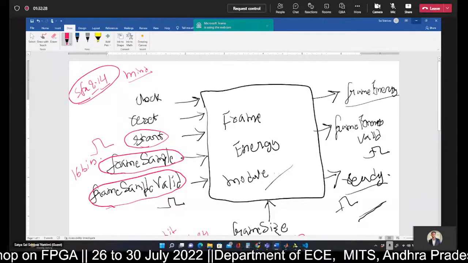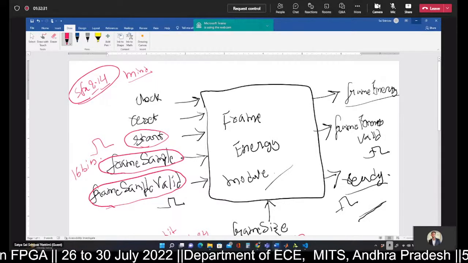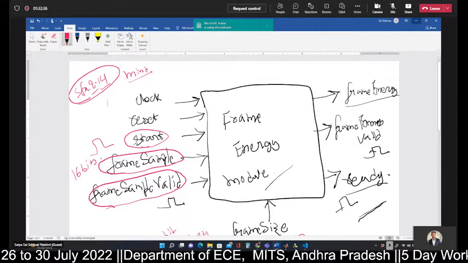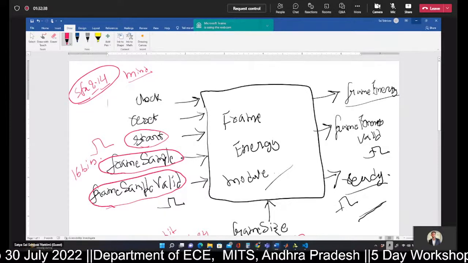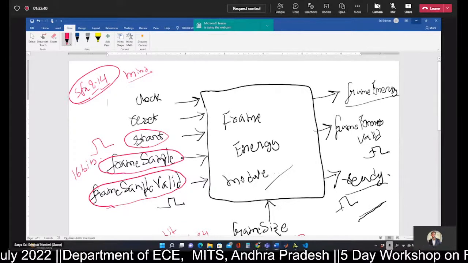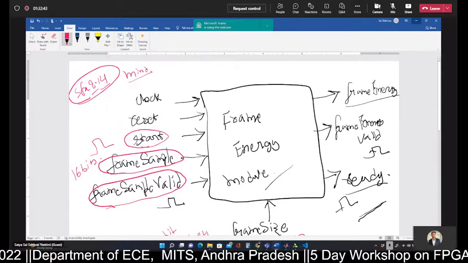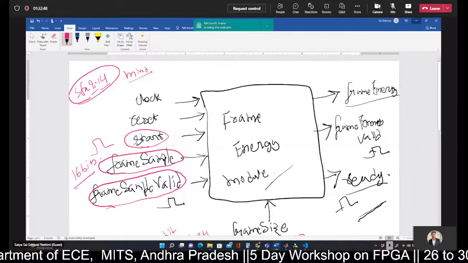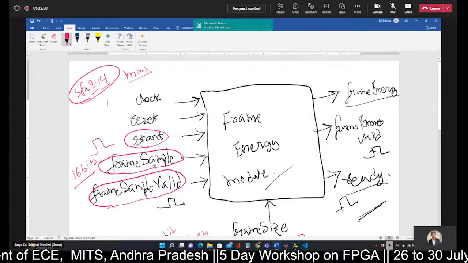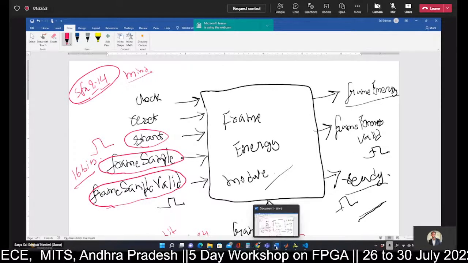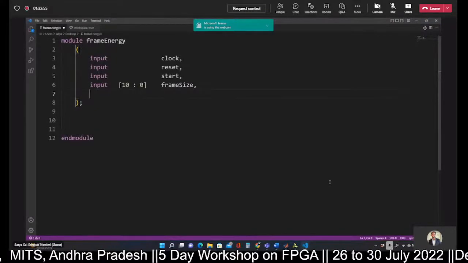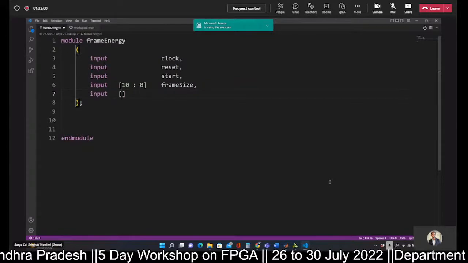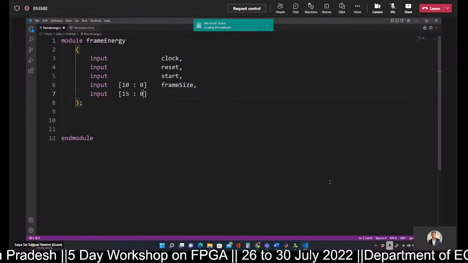The 2.14 is our notation, virtually in our mind but not in hardware. In hardware we specify only the total number of bits, that is the bus width. So the bus size is 16 bits and the input name is frame sample, 15 down to 0, that is 16 bits.